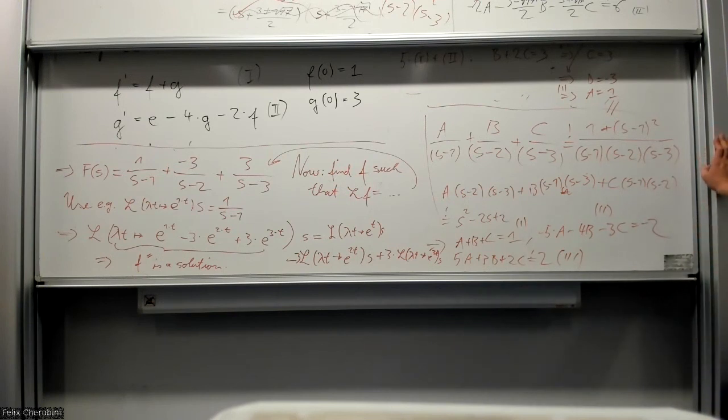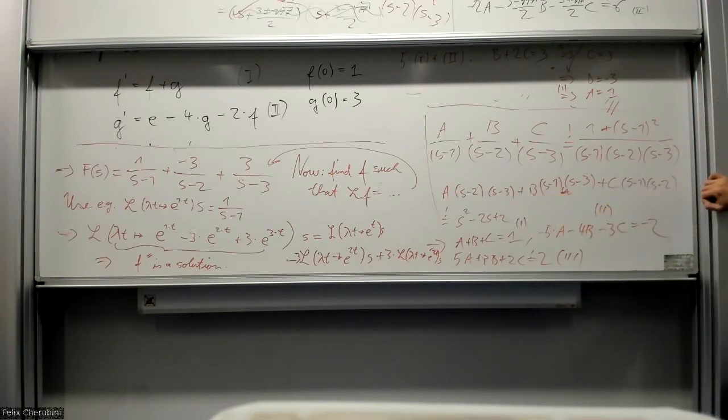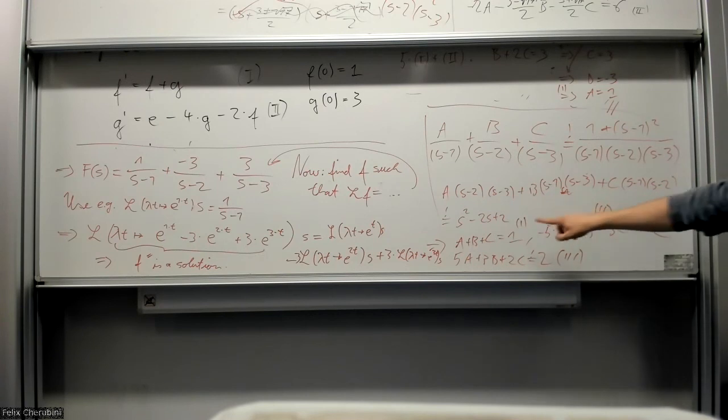Okay, good question. Oh, they are the roots also. If you try s equals 1, 2, and 3, they're the roots of these things. And are they also roots of this?